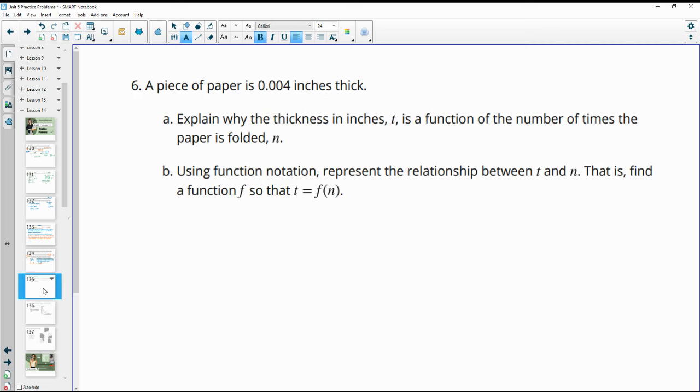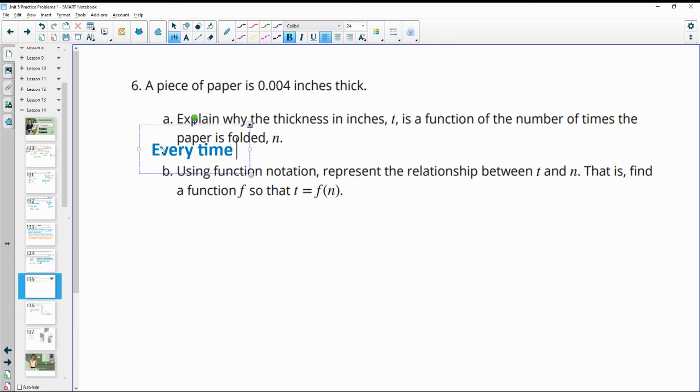Number 6, a piece of paper is 0.004 inches thick. Explain why this thickness in inches is a function of the number of times the paper is folded. So anytime we have a function, it means that each input gives us exactly one output.